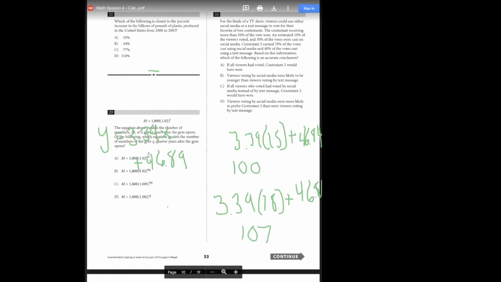Percent increases are determined by using the original amount as your base. Our original amount is 100, because 2000 comes before 2003, of course. In order to determine the increase, we do 107 minus 100. We're seeing how much it increased by in comparison to the original amount, which is 100.